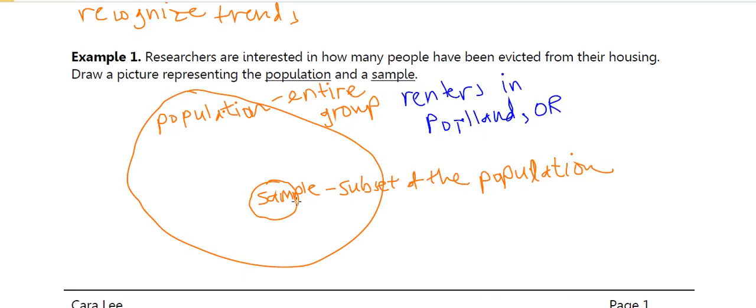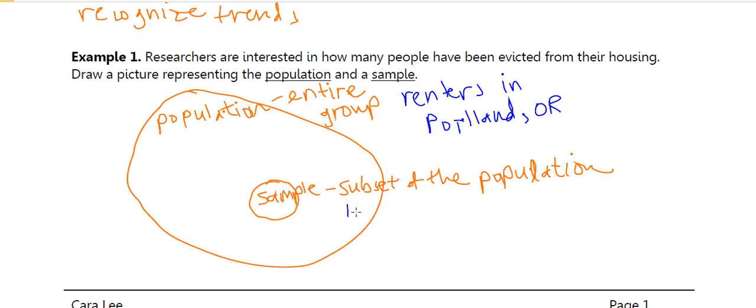Now, we're interested in how many people have been evicted from their housing in Portland, Oregon. We only want to take a sample of that population, so a subset. We will talk about sampling methods later on in this course, but let's say we're going to ask 100 people, and that would be our sample.